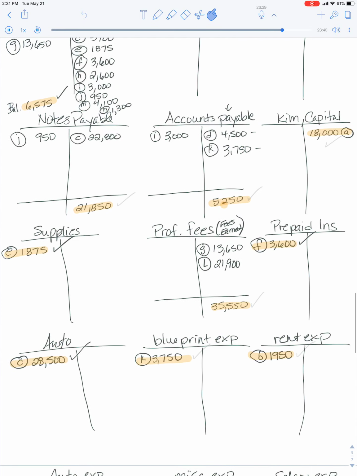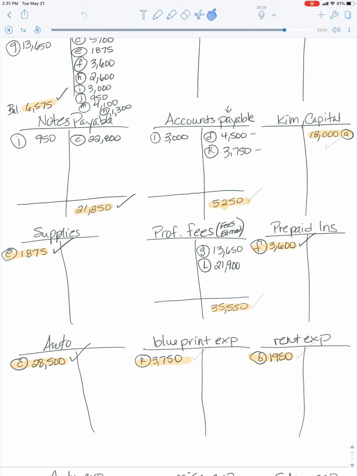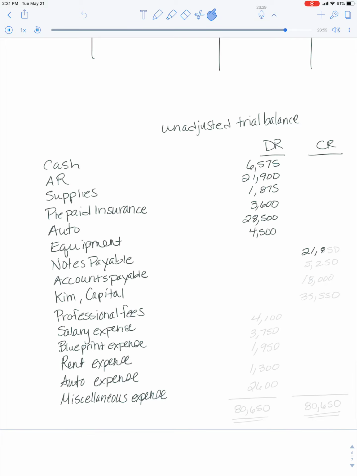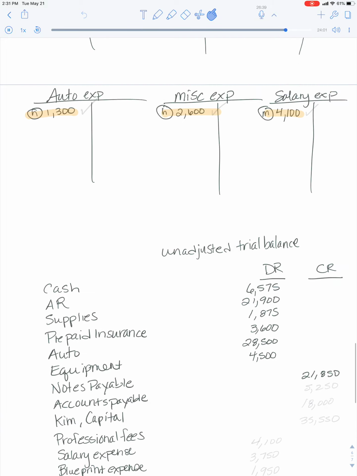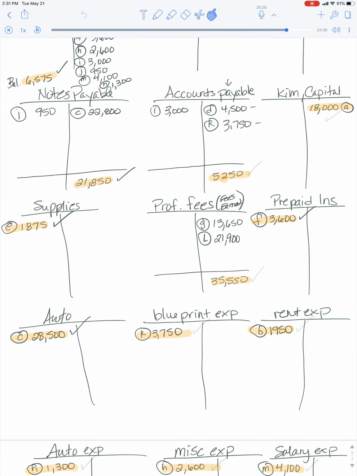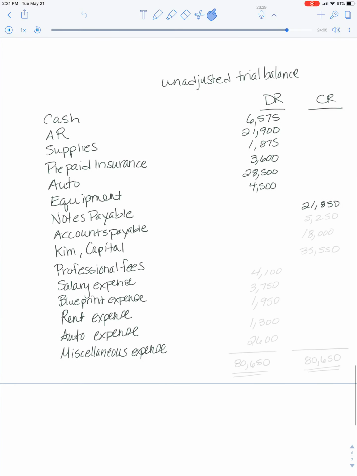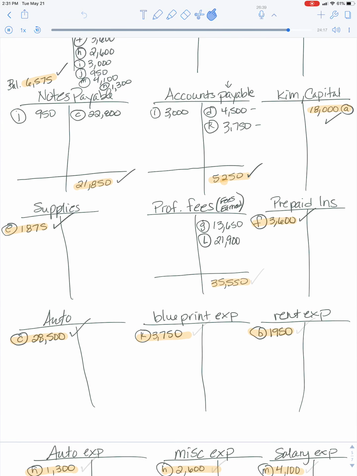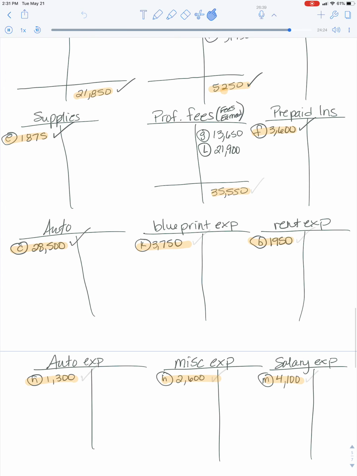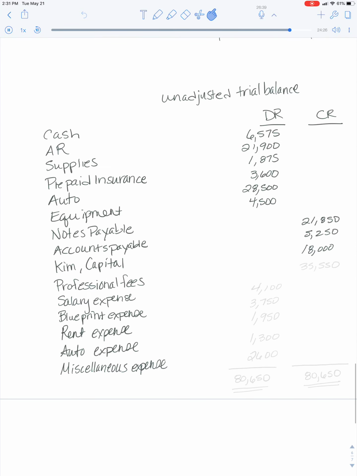Note payable. This is a credit balance of $21,850. So you put $21,850 on the credit side. So now we're making sure that's on the right side. Accounts payable, credit balance $52.50. Kim Capital, credit balance $18,000. Professional fees, credit balance of $35,550.